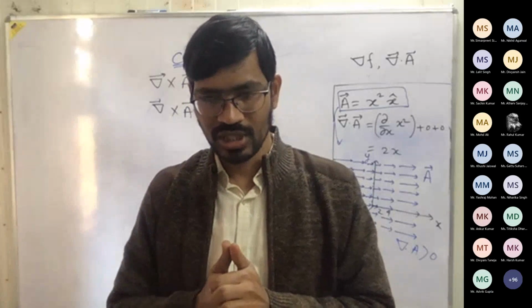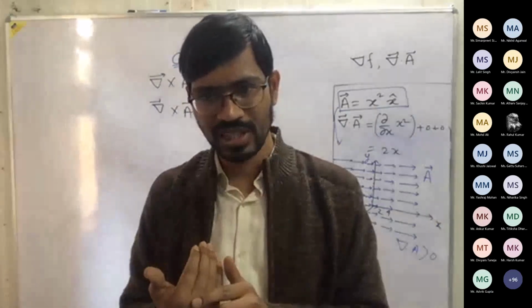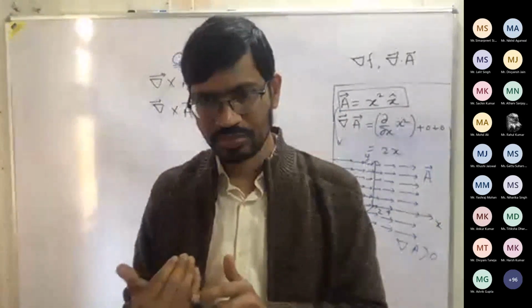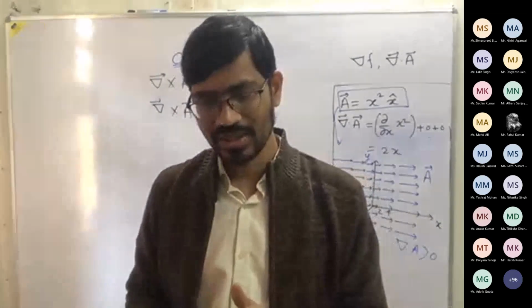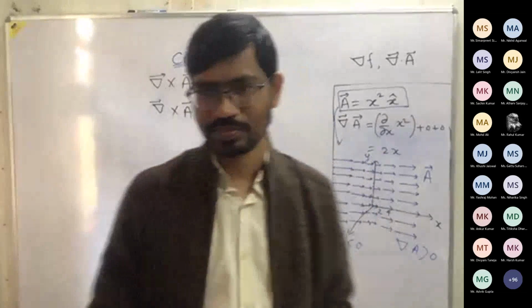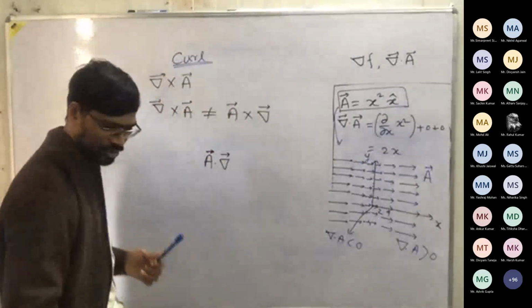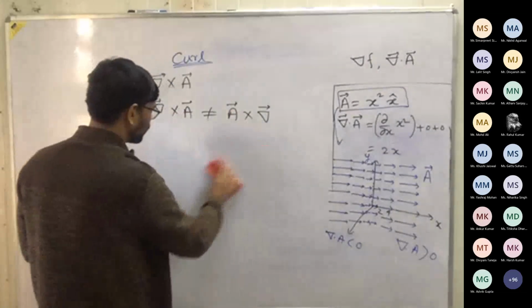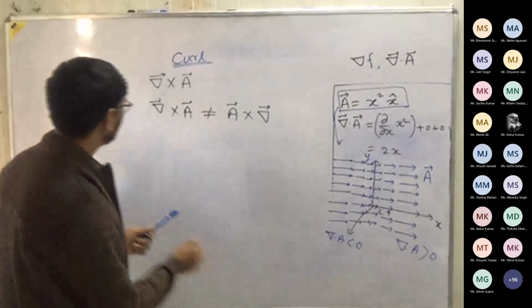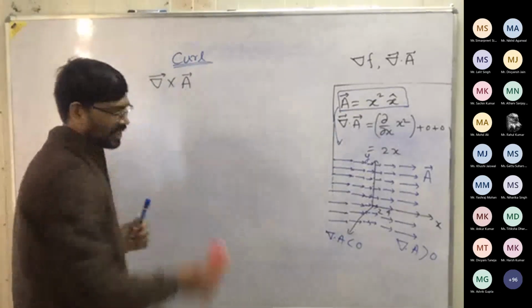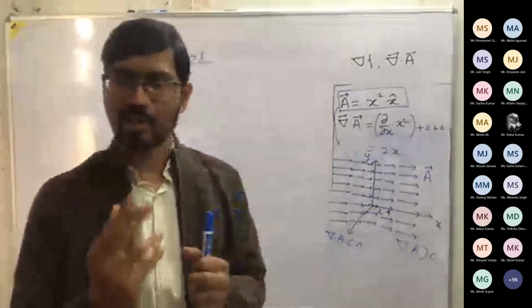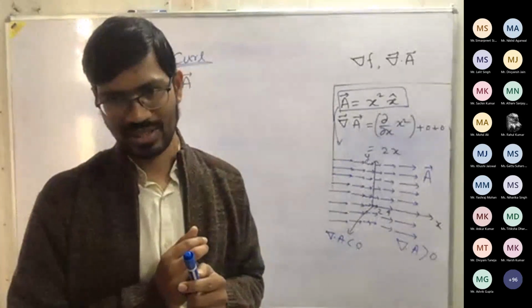That will be produced, and in that region there will be a non-zero curl. Physically, curl says how much the vector rotates around a point.